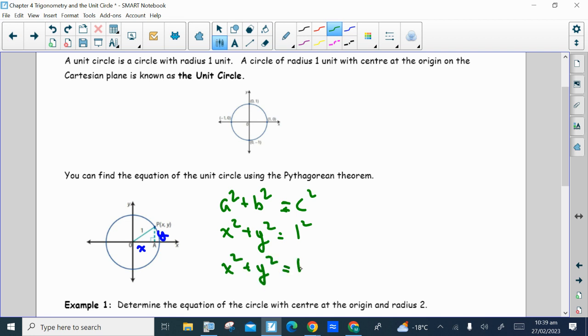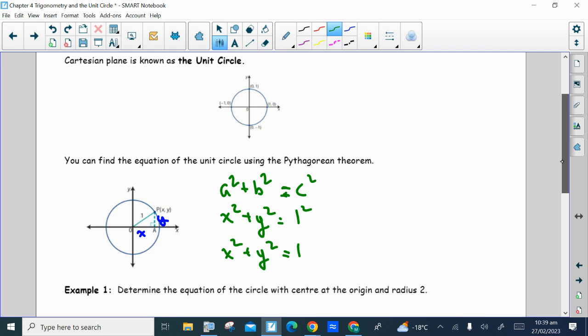So this is the equation of the unit circle, where the hypotenuse is 1.